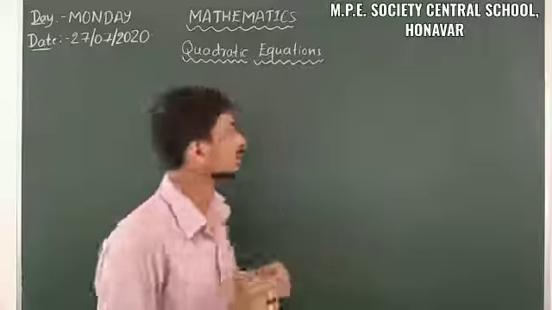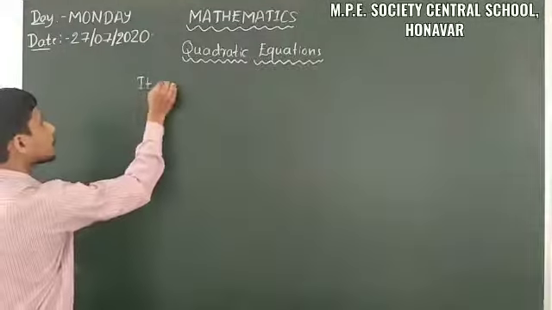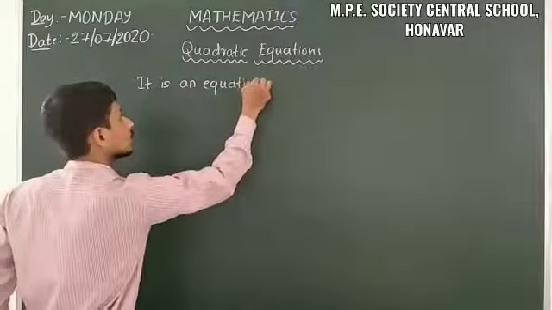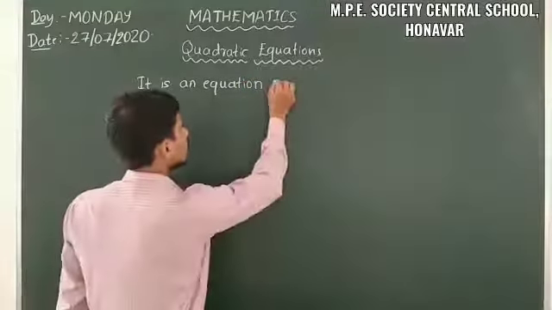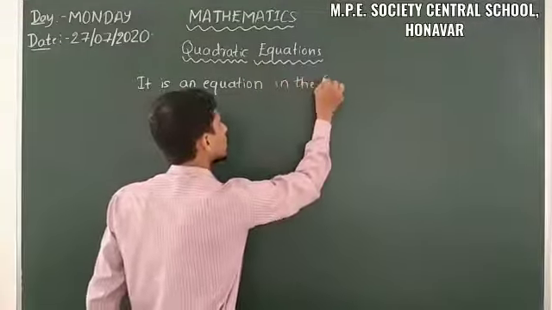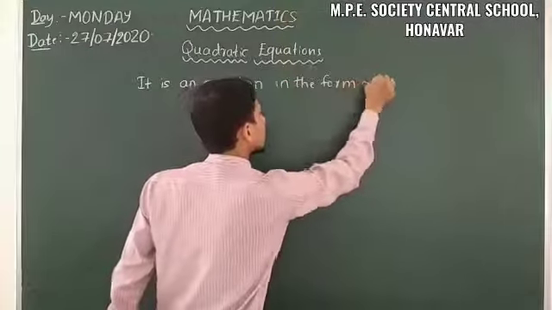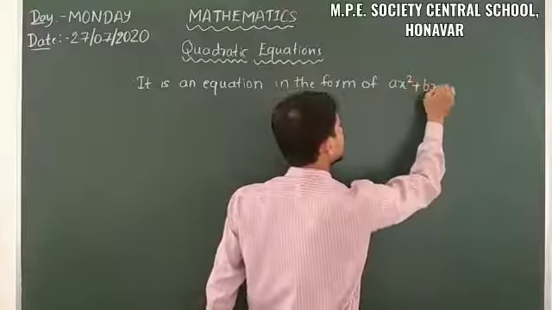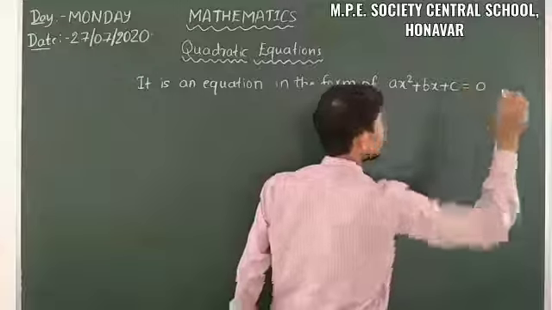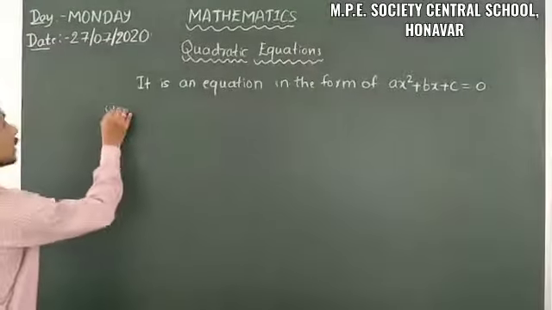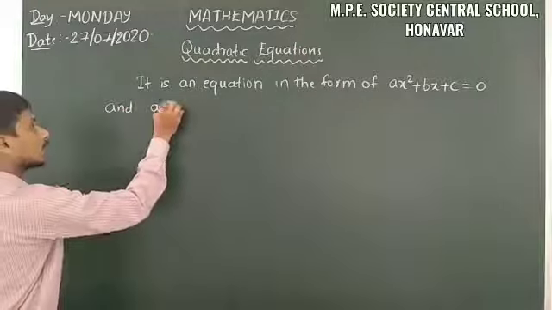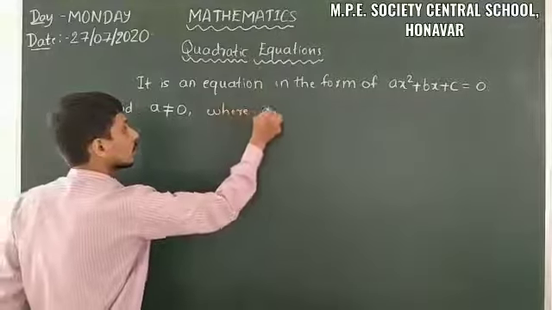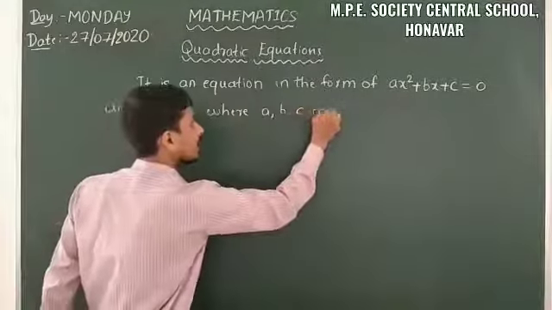An equation in the form of ax square plus bx plus c is equal to 0, where a is not equal to 0, where a, b, c are real numbers.